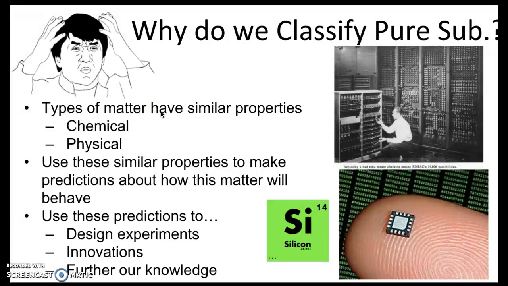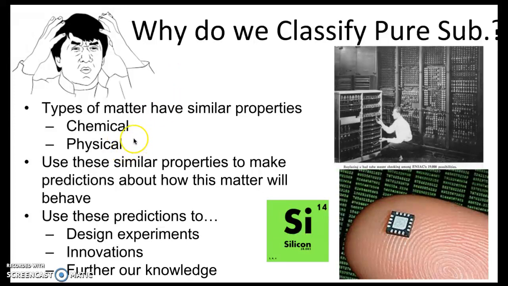First off, different types or classifications of matter will have similar properties. For example, group 17 halogens, the group that starts with fluorine. They all have very similar chemical properties. They bind to metals in very similar ways. They oftentimes want to gain electrons, not lose electrons.